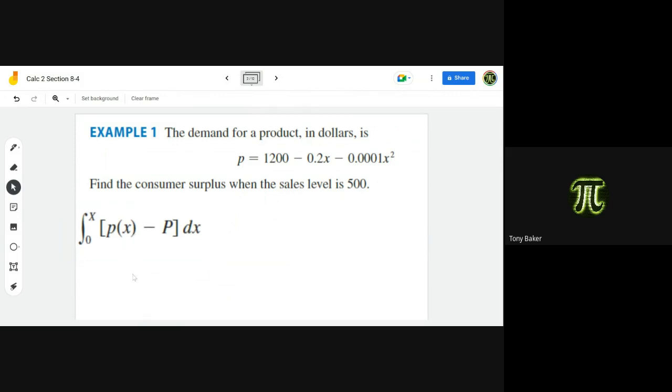X is 500, because that's the value they're giving. So find out what P is.